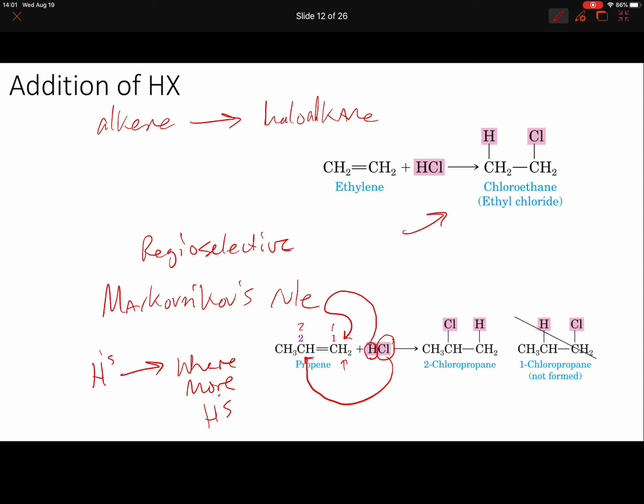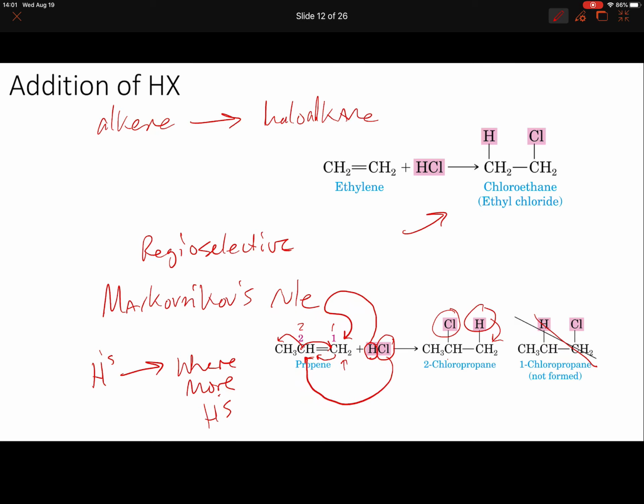Carbon number 2 is more substituted because carbon number 2 has 2 carbons on it, whereas carbon number 1 only has 1 carbon on it. So that's why the Cl goes to the middle carbon and not to the end carbon. Or another way of saying it, that's why the hydrogen goes to the end and not to the middle.